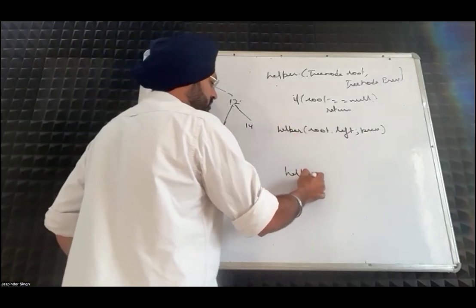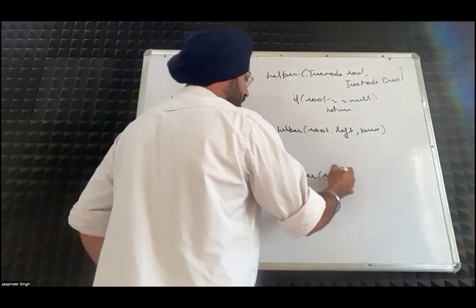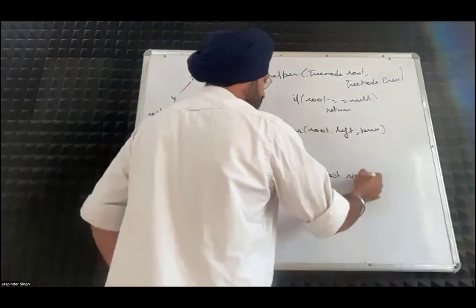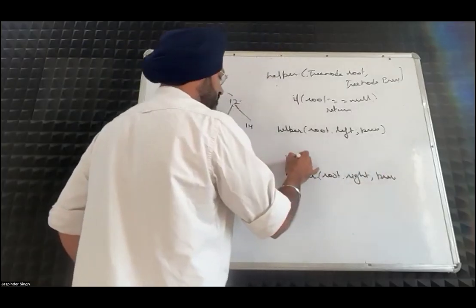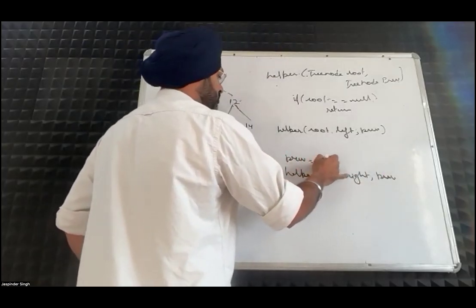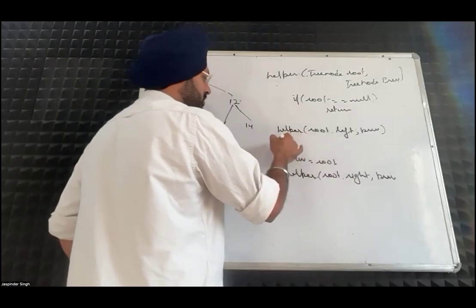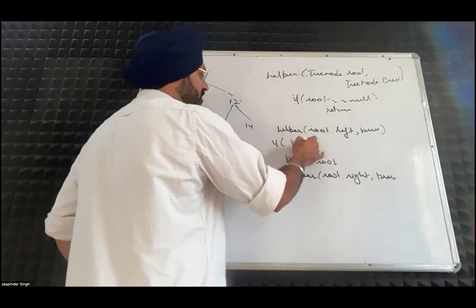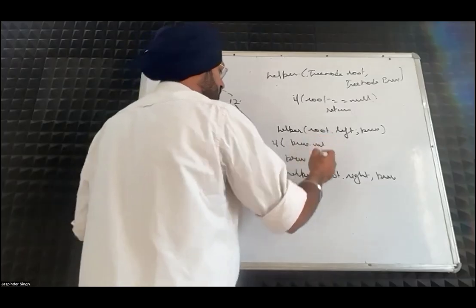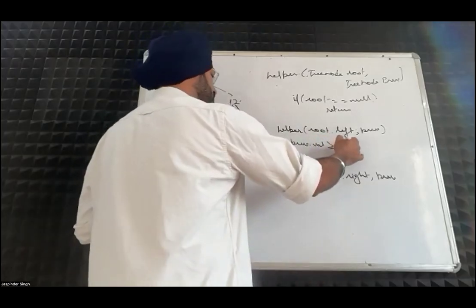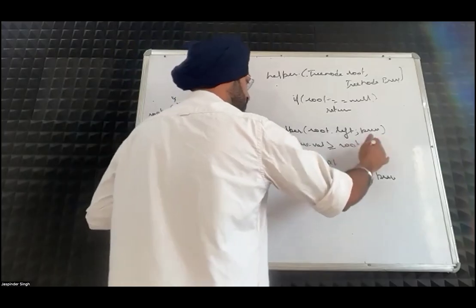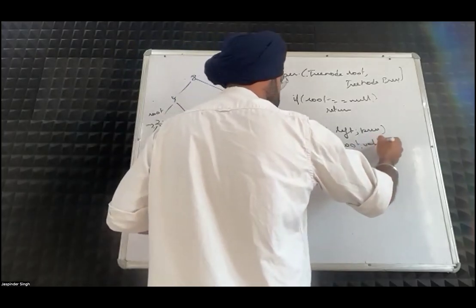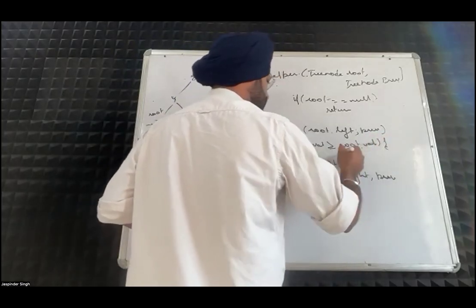Helper of root dot right and previous. Here what you are doing is previous is equal to root. Here you are checking if my previous dot value is greater than or equal to root dot value, flag is equal to false.